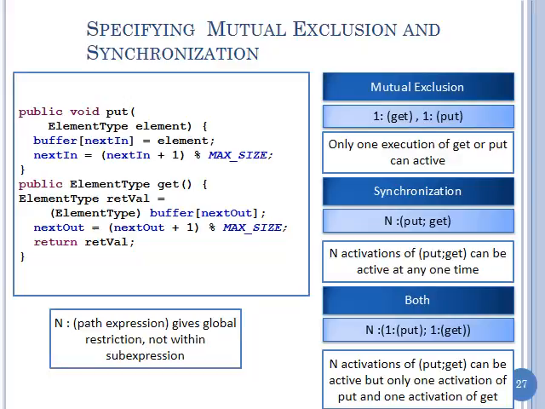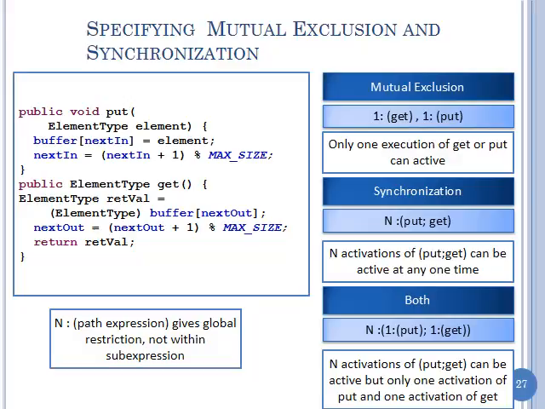So the N path expression gives a global restriction, not within the sub expression. It's not that each N can have one. For all N's put together, there can be only one put executing at one time. Neat? Even if nobody implements this, you at least understand things a little better, right?